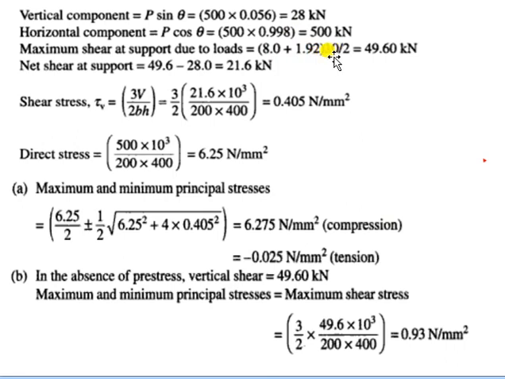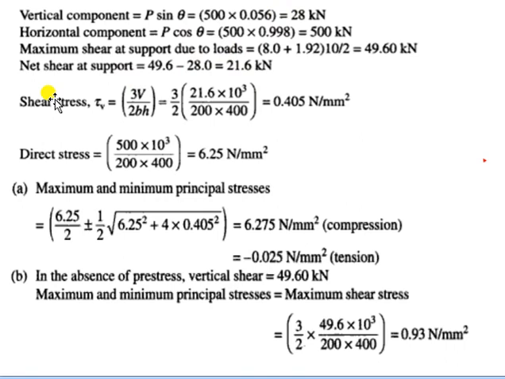Therefore the shear force at the support is WL by 2, equal to 49.6 kilonewton. Net shear force at the support is VL minus P sin theta, so 49.6 minus 28. Therefore the net shear force at the support is equal to 21.6 kilonewton.